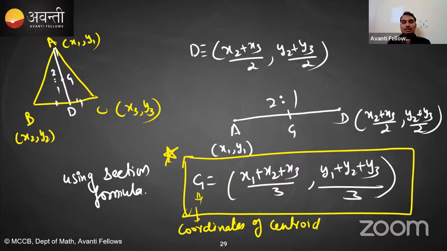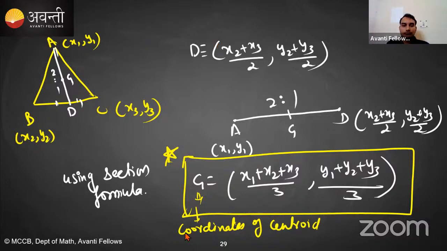Similarly, the y coordinate will be y1 plus y2 plus y3 by 3. Is this clear, everyone? Tell me quickly in the chat box. Any doubt, students? Clear? Okay.